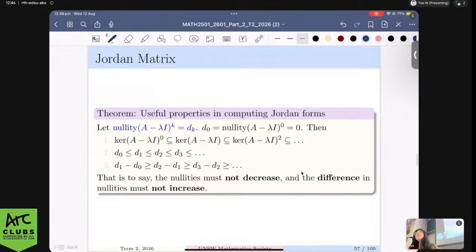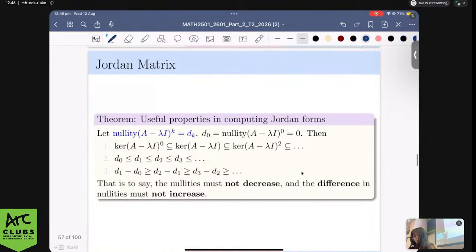So here are some useful properties. Yeah, but these are very useful in checking whether you made a mistake during the test, I guess. So if you consider the nullity of (A minus lambda I) to the k to be denoted by dk, and our d naught is equal to 0, which is also equal to the nullity of (A minus lambda I) to 0, then we have that the kernel of (A minus lambda I) to 0 is obviously a subset of each correspondingly higher power, right?